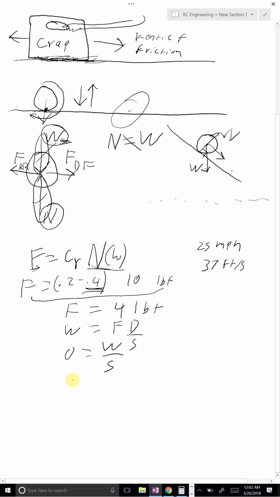So all we need to do to get power, which is in watts, which we then could turn into horsepower. But most of what we're dealing with is in electricity, so we could do that in watts. Force, 4 pounds. Oh, but we'll have to convert it. We need to convert this into newtons.